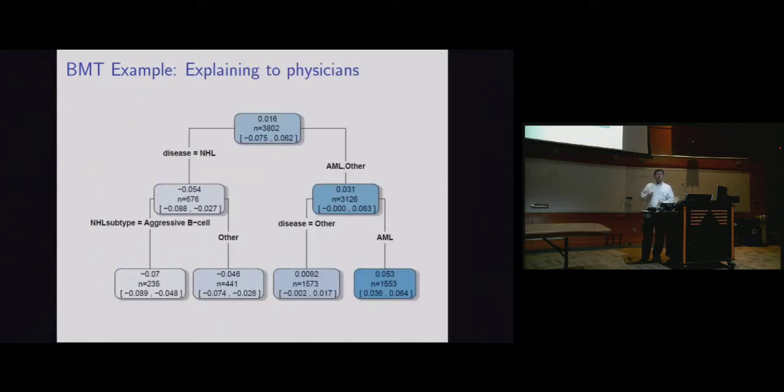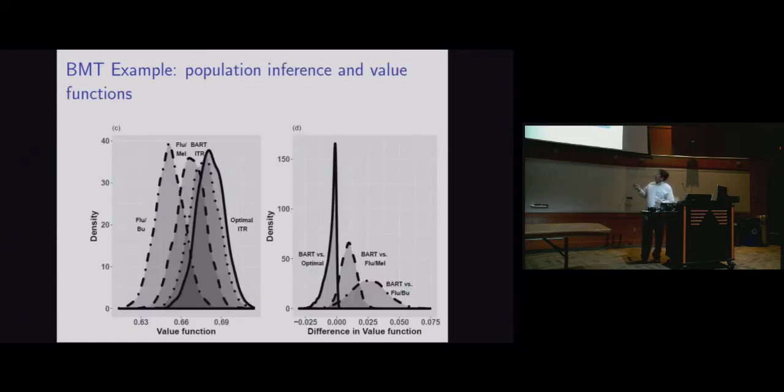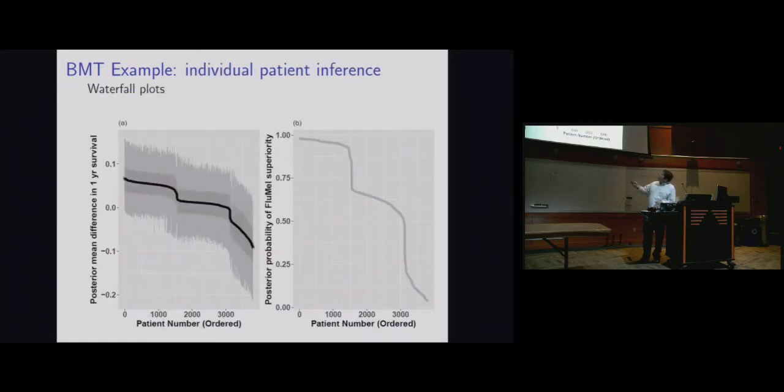Okay, so Raphael's question here was, okay, we've got a rule, what do you do with this? So one thing that we did with this is to try and come up with an approximation to the BART ITR. What we did was we took basically all the stuff on this black line here.